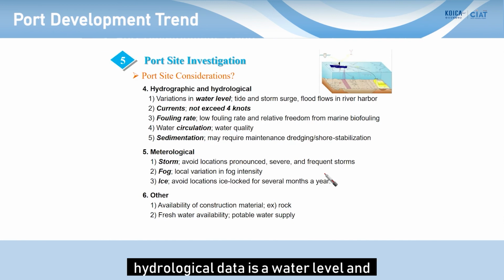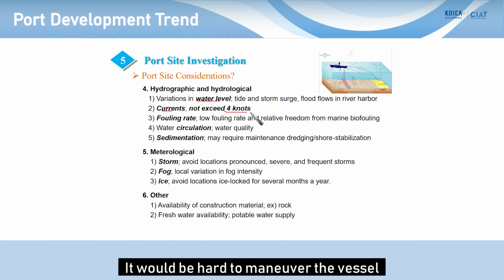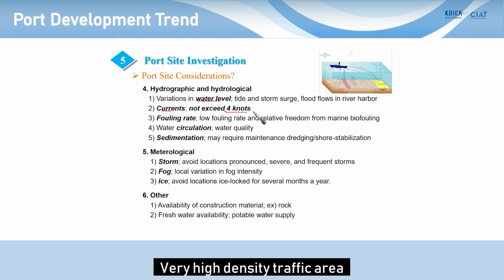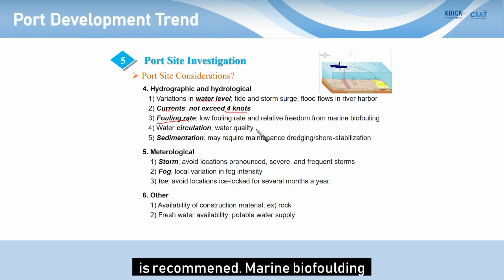Hydrographic and hydrological data are the water level and current. Current should not exceed 4 knots. It's hard to maneuver your vessel in a very high density traffic area, for example, a narrow waterway or inside the harbor area. And also fouling rate: a low fouling rate is recommended.